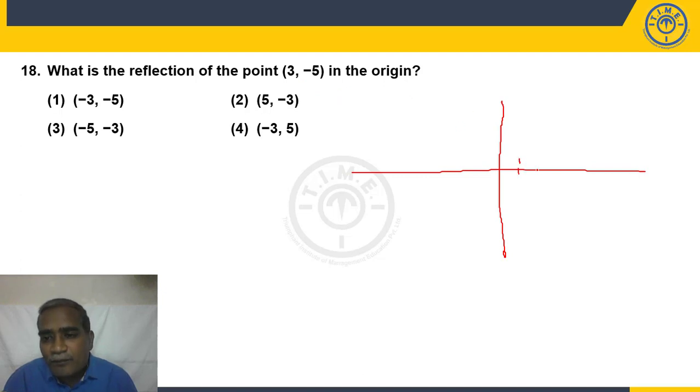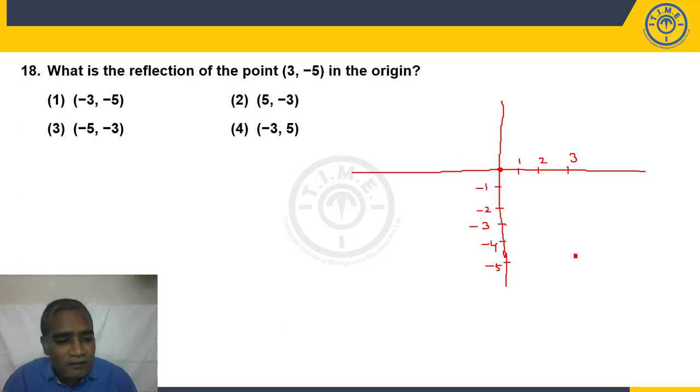This is 1, this is 2, this is 3. Minus 1, minus 2, minus 3, minus 4, minus 5. (3, -5): here you have to identify. What is the reflection of the point (3, -5) in the origin? This is the origin.